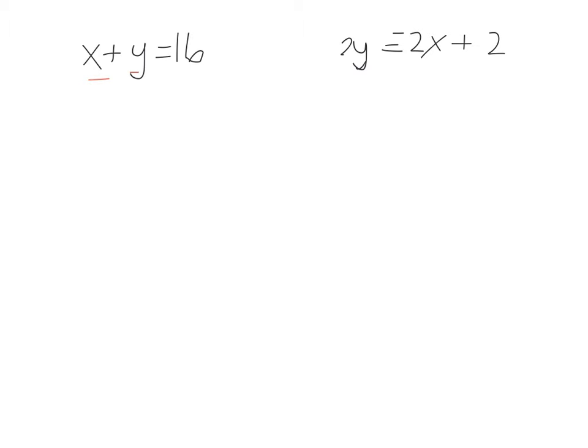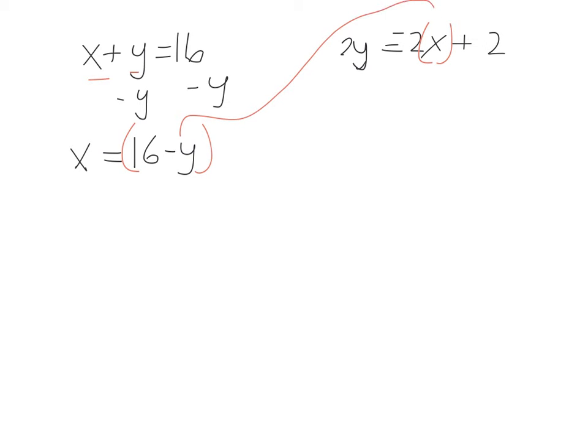I'll just get x alone by subtracting y. x equals 16 minus y. I know what my x equals, so I will come over here and substitute it in. 2y equals 2 times (16 minus y) plus 2.